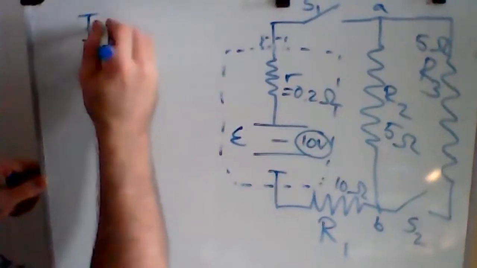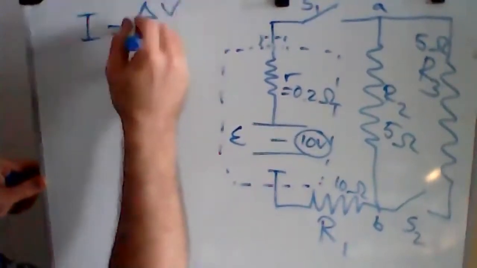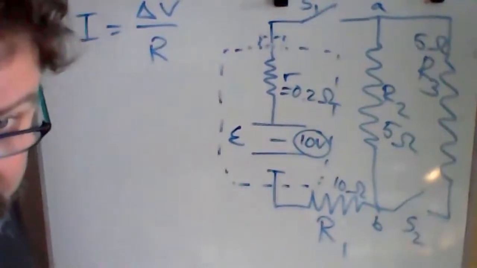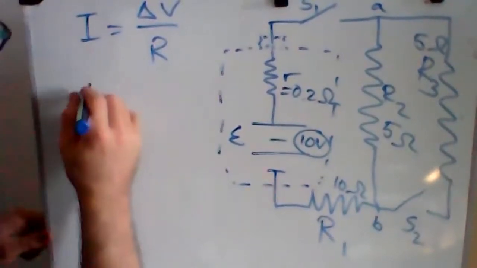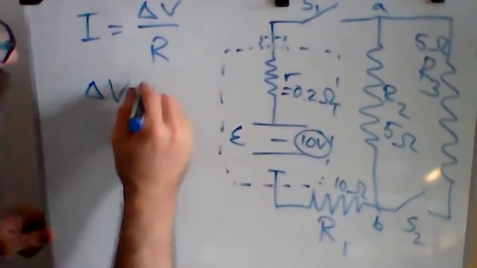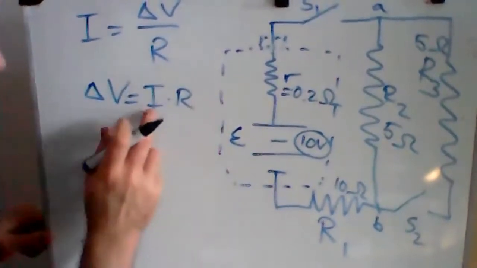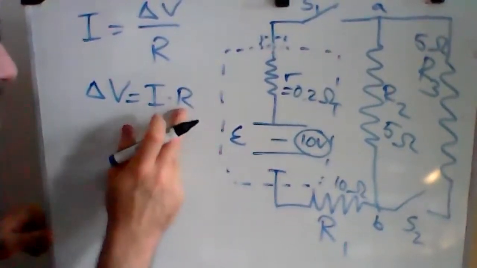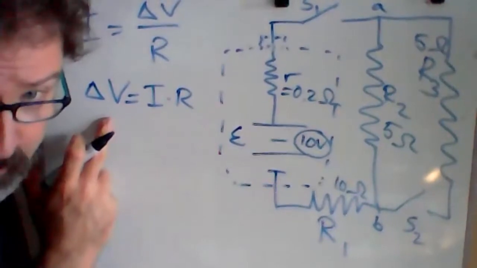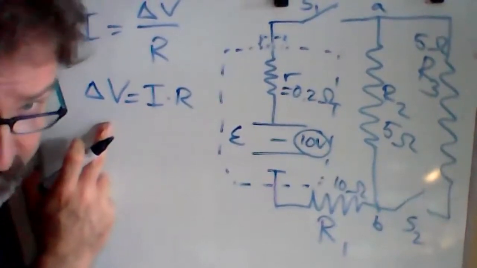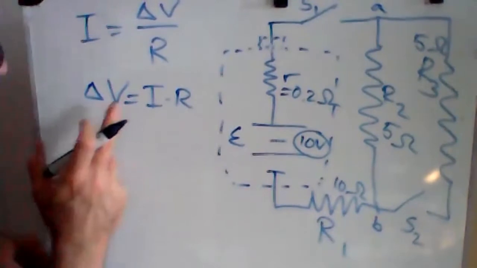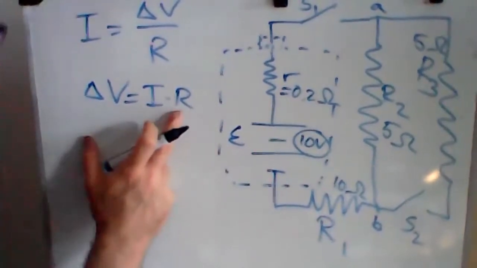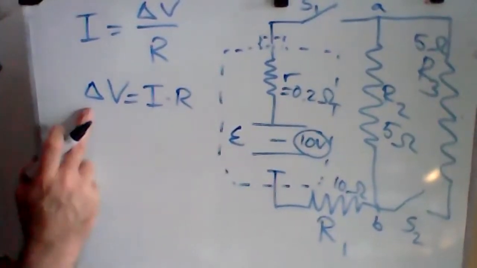So the relationship, of course, you can do it this way. This is the causal relationship that generally I prefer. But in this case, we're interested in how much voltage drop there is. And if there is no current through a resistor, then there is no voltage drop. You could have a current through something that doesn't have resistance, and then you could have a voltage drop.